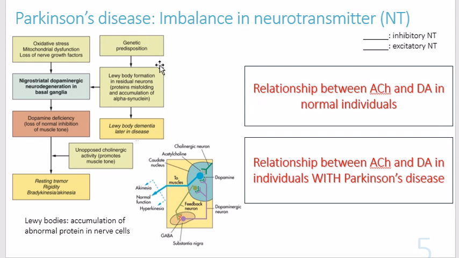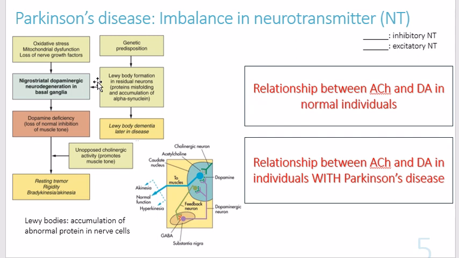With a genetic predisposition, we end up with accumulation of a protein called alpha-synuclein, which you can see right here. And what happens is this protein misfolds and becomes non-functional. And the protein accumulates and then ends up forming Lewy bodies, which are concentrated within the basal ganglia.